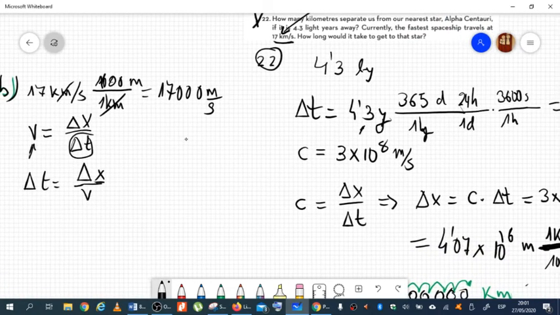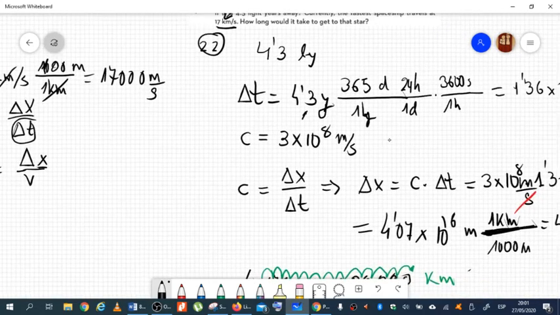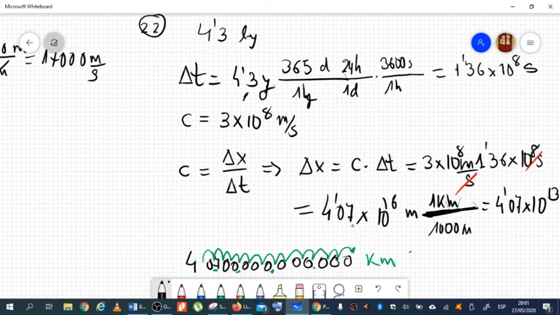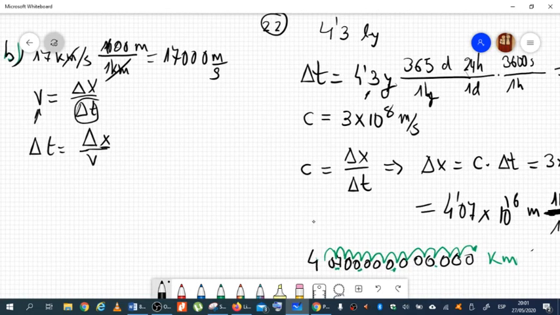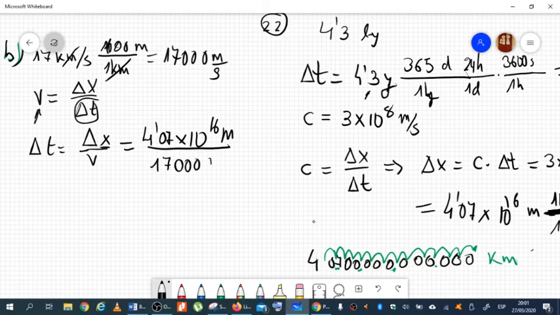So the distance we calculated before is 4.07 times 10 to the power of 16 meters, and the speed is 17,000 meters per second.